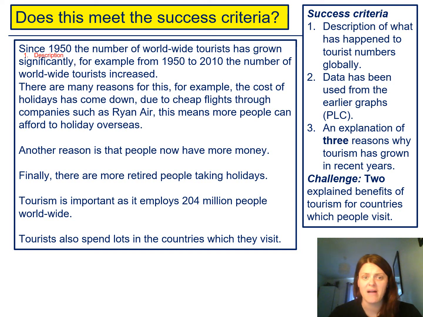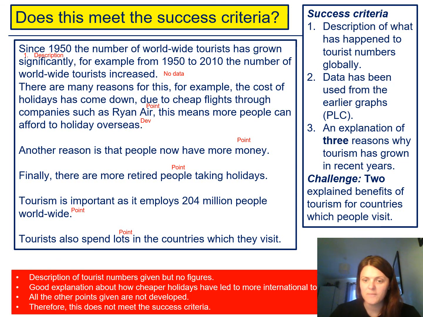So the first paragraph gives a description, but it's not given any data to show how the numbers have increased worldwide. There are many reasons for this. For example, the cost of holidays has come down due to cheap flights through companies such as Ryanair. That's a good point, and they've developed it. They've given a point there, another point, and another point, but they haven't explained it.